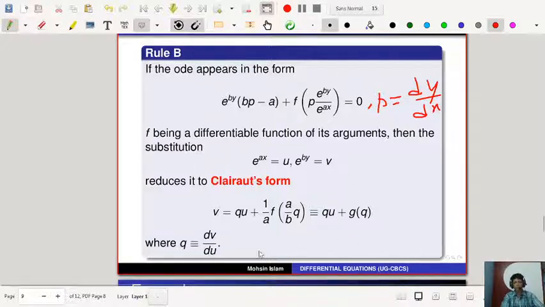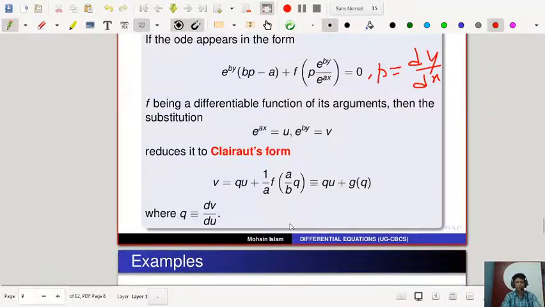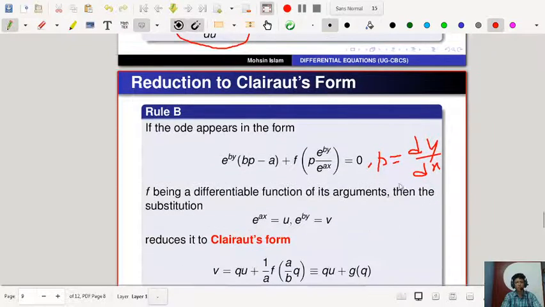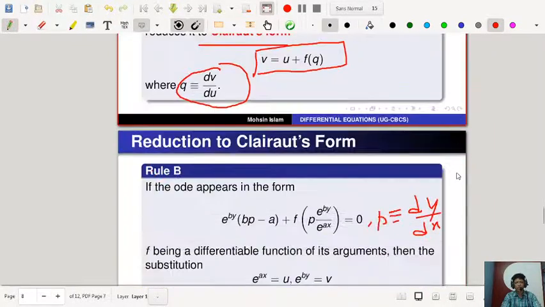This is the Clairaut's form, where q is equivalent to dv du, right? In this case, p is equivalent to dy dx. Here also p is equivalent to dy dx.